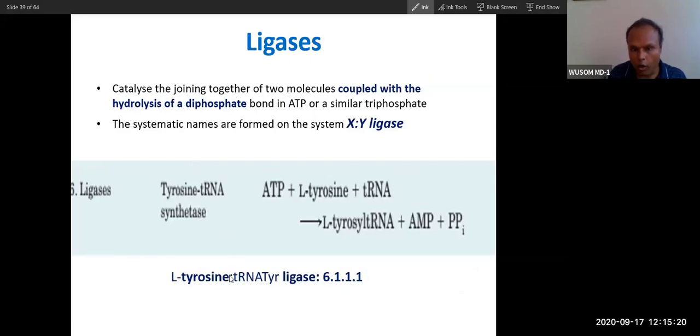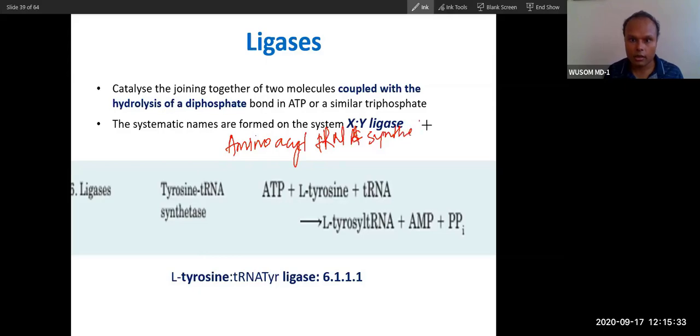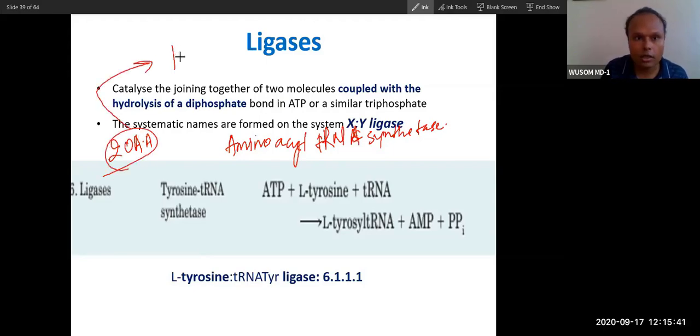This is one of the aminoacyl tRNA synthetases. There are 20 aminoacyl tRNA synthetases you will study in translation in genetics.